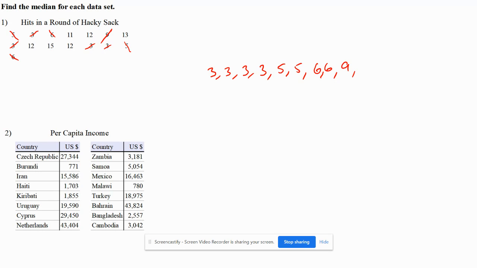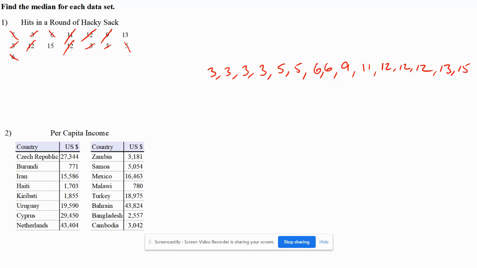So I'm just writing them in order from small to large. After 9, it's 11. Only have it once. Then 12, but I have 3 of them. So I'm going to write 3 of them. Then is 13. And lastly is 15.